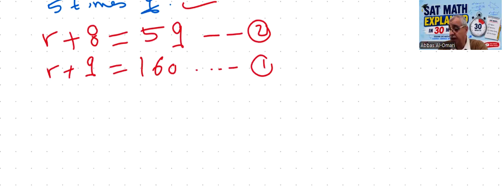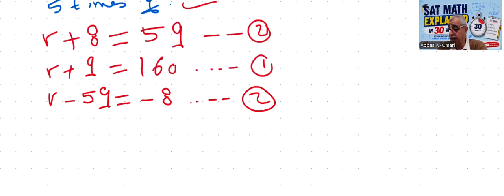So we have R minus 5Q equals minus 8. This is equation 2, I just rearranged it. Okay, R minus 5Q equals minus 8. Now I can subtract equation 2 from equation 1. So R minus R is 0.